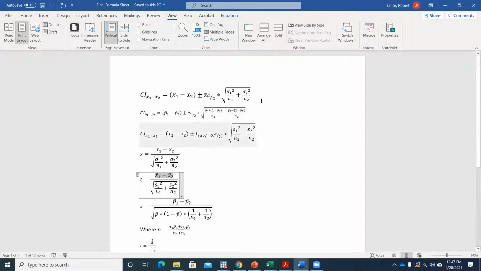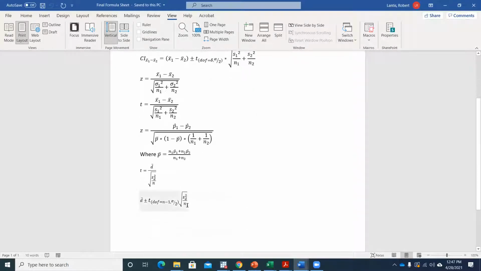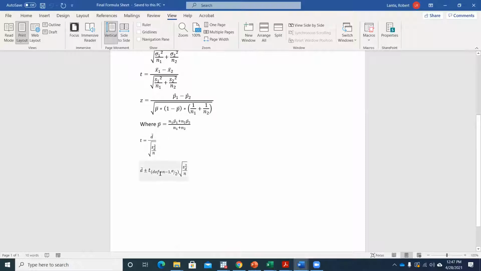Write those next to your test statistic and confidence interval equations so you can quickly and easily identify them. And down here, you have a confidence interval and a test statistic for those matched pairs examples, okay? Those are all the formulas you should need.